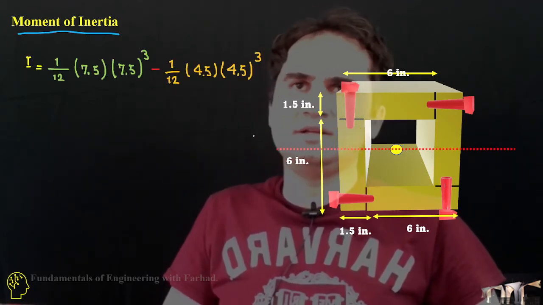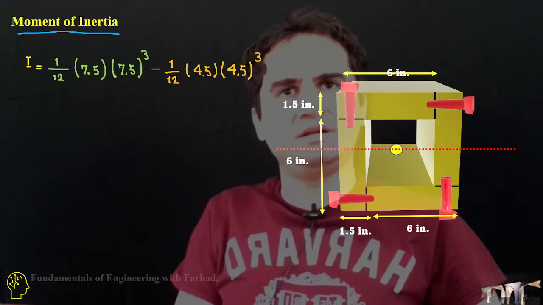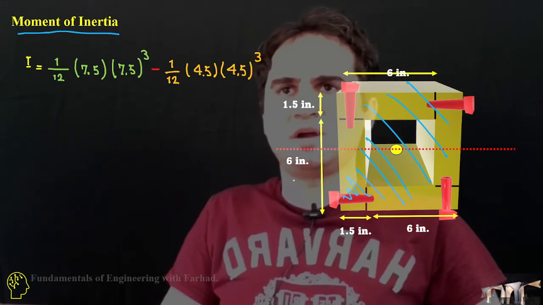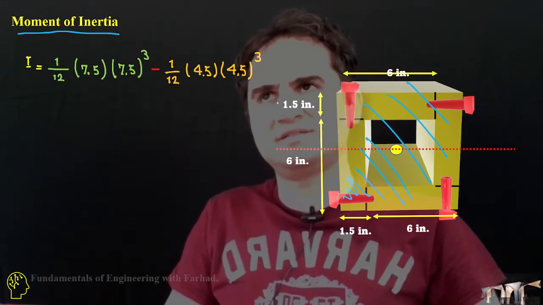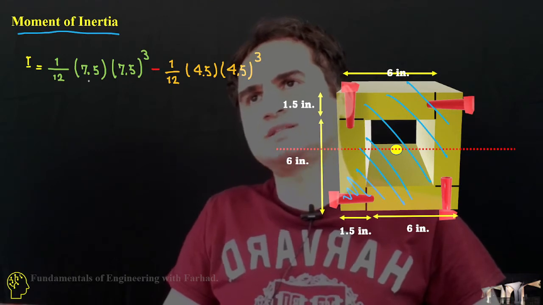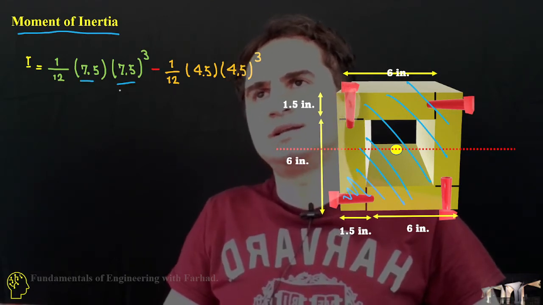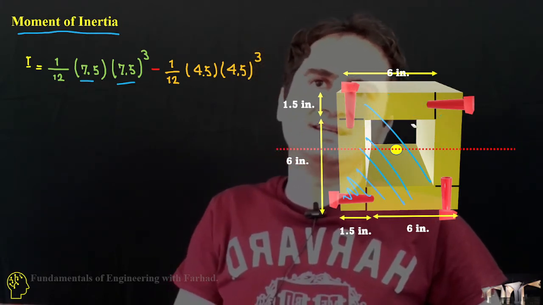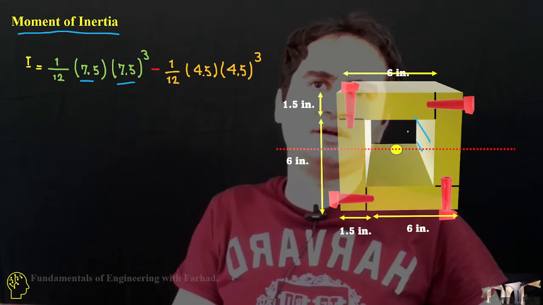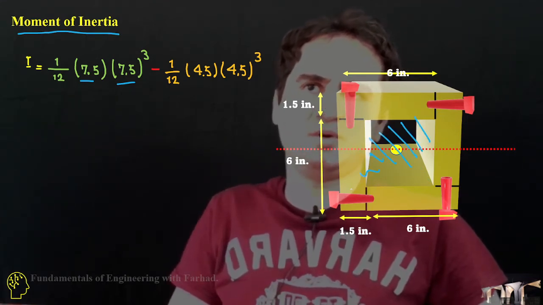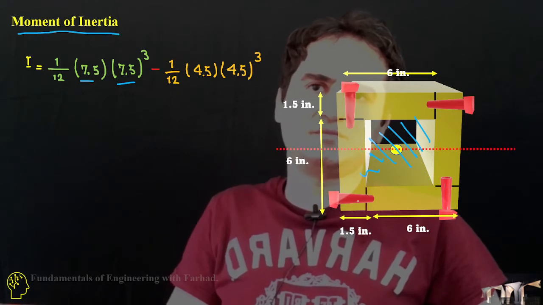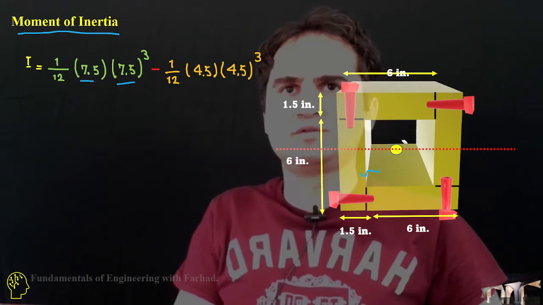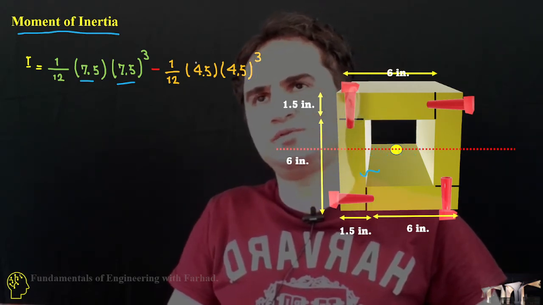If you just consider a solid box with a dimension of 6 plus 1.5, that's 7.5 inches, I is 1/12 base times height cubed, so 1/12 times 7.5 to the fourth, minus the inner one, which is 4.5 to the fourth, 1/12 base times height cubed.